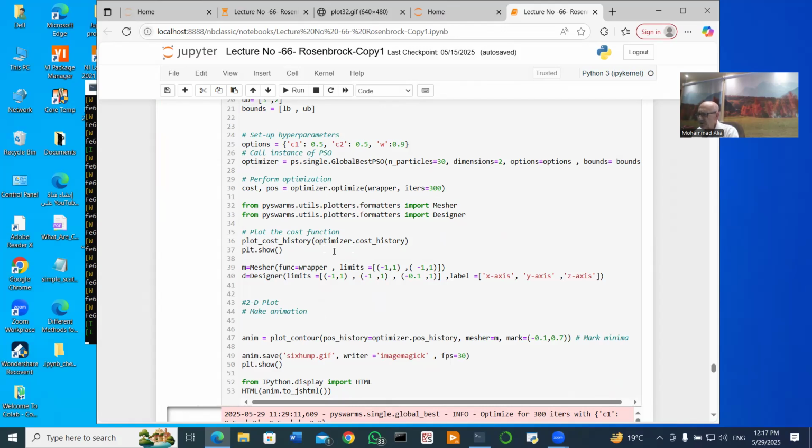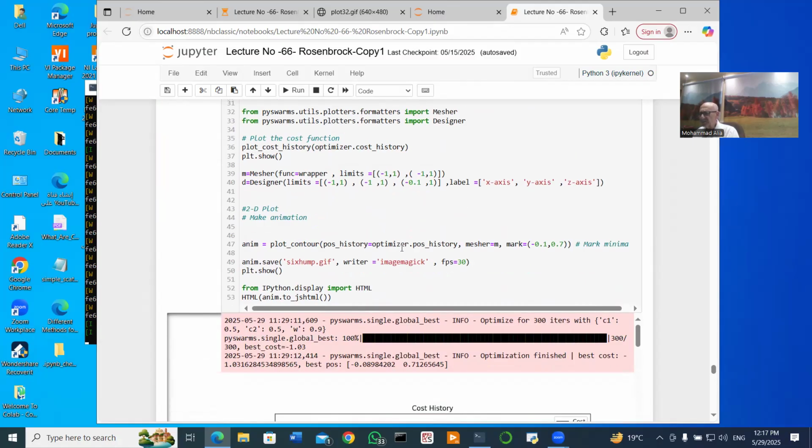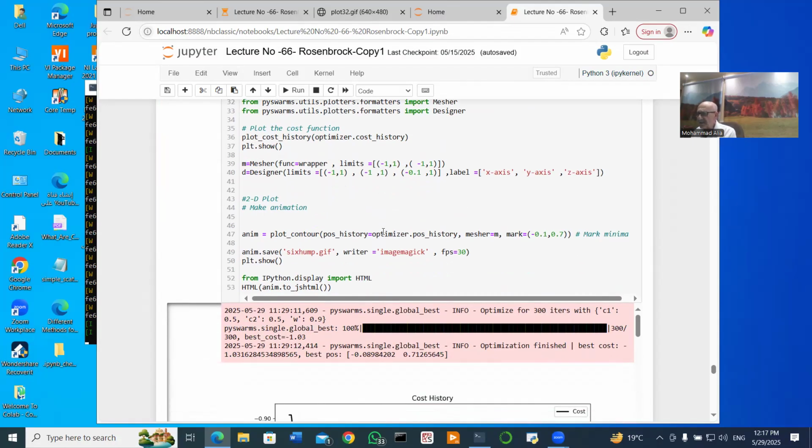If you call optimizer dot position history, it will give you the position history. So the position history and the cost history already exist in the optimizer. Here, to the plot contour function, we pass the position history by calling it from the optimizer. We pass the mesher.